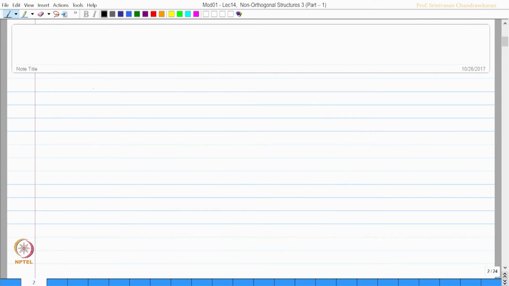So, we already have this expression where T transpose or T of an arbitrarily oriented member for all the 6 degrees is given by this.